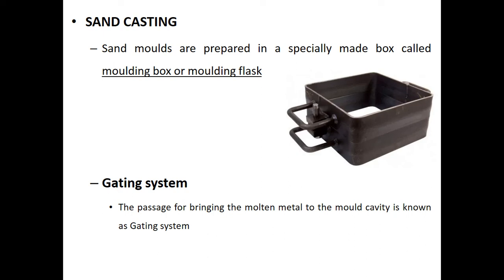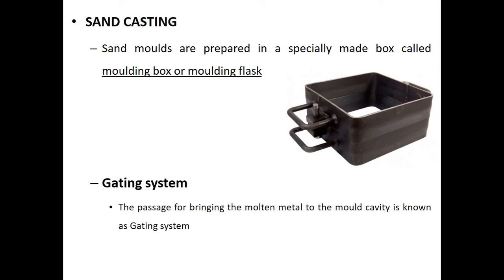These two parts are aligned using pins, etc. Usually metallic molding flasks are used while you are doing the sand molding process in your lab.